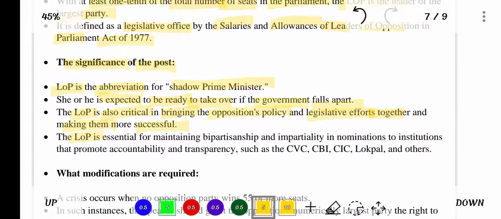The leader of opposition is essential for maintaining bipartisanship and impartiality in nominations to institutions that promote accountability and transparency, such as the CVC, the Central Bureau of Investigation (CBI), the Central Information Commission (CIC), Lokpal, and others.